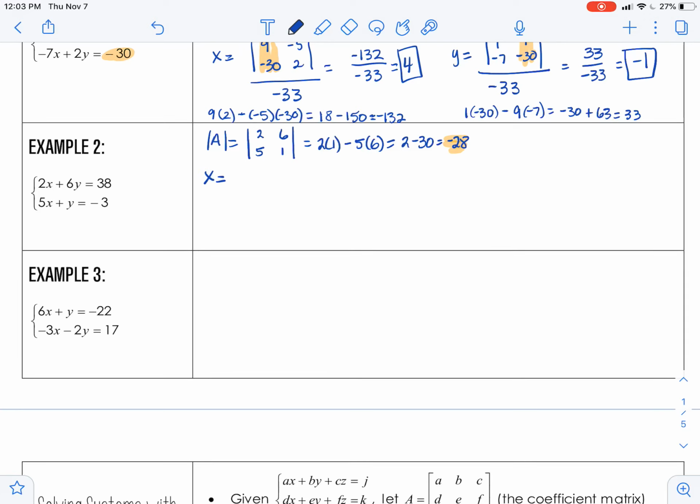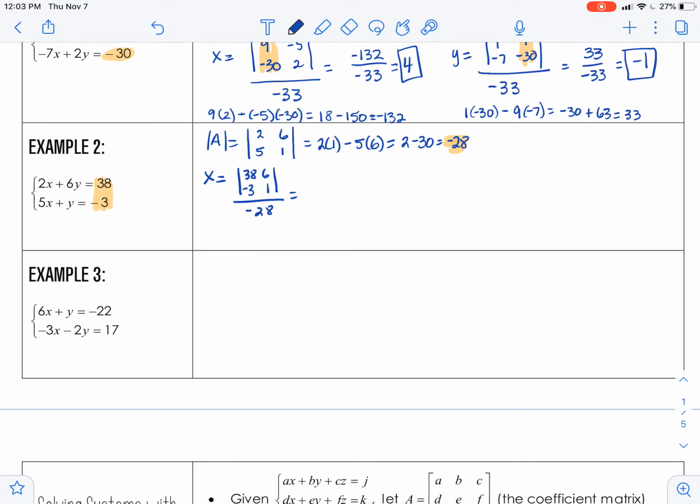So to do X, again, I am going to take my constants, that's these numbers here, and I'm going to put them in place of my X. So I have 38, negative 3, and then my Y stays the same, 6, 1. And that's going to be divided by a negative 28.